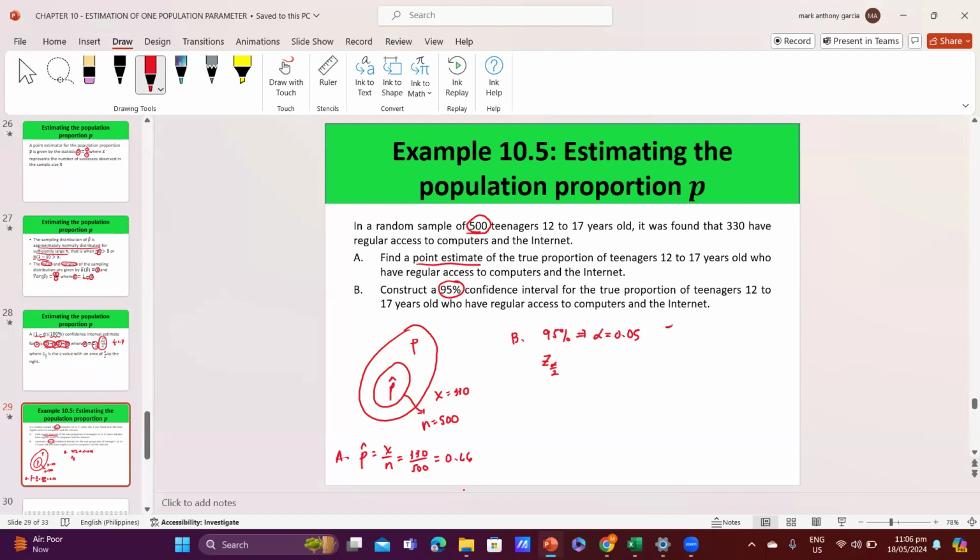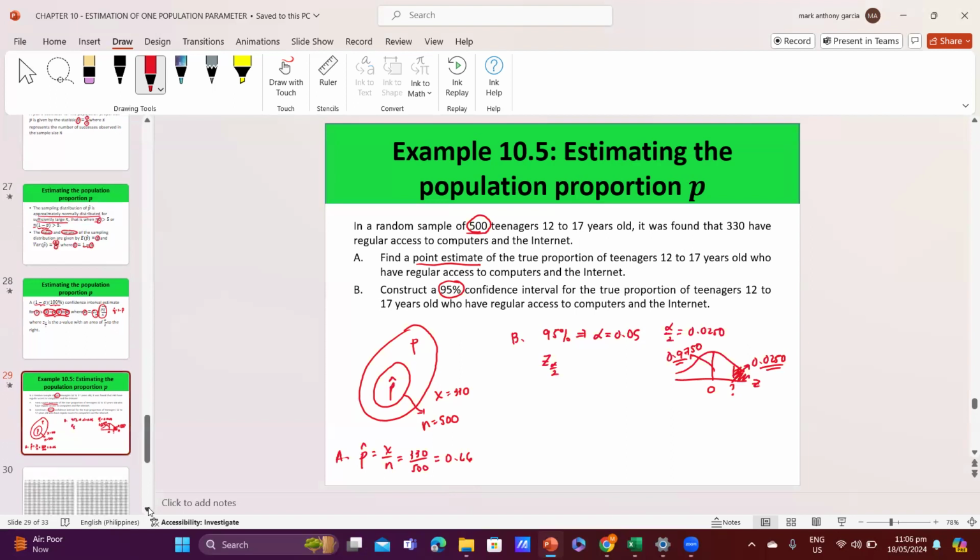So since alpha is 0.05 and alpha over 2 is 0.0250, then in the z distribution, the area at the rightmost point is 0.0250. And that means that the area at the left side of this z-score is 1 minus 0.0250, which is 0.9750.